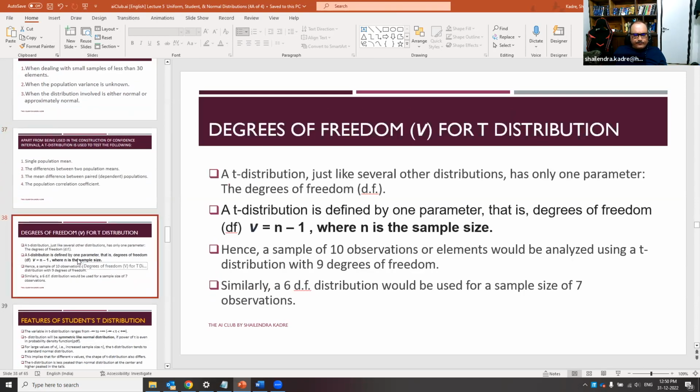Okay. Now my question to you is, what are the main parameters of the normal distribution? Can anybody tell me? We have studied it many times. What are the main parameters of the standard normal distribution? Tell me. There are two main parameters of the normal distribution. You should be able to tell now.